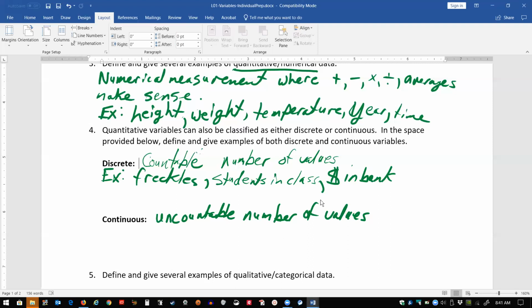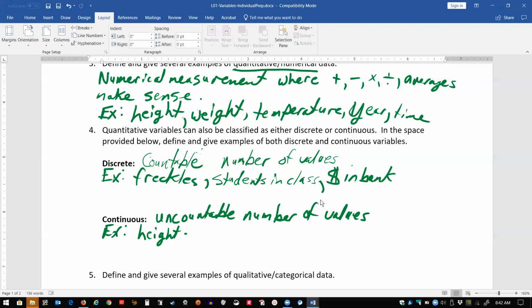Okay, so what are some examples of a continuous variable? Well, we came up with some before, in the previous question. Height is actually a continuous variable, because I could be 5 feet tall, I could be 6 feet tall, but I can also be 5.5 feet. I can be 5.678 feet tall.